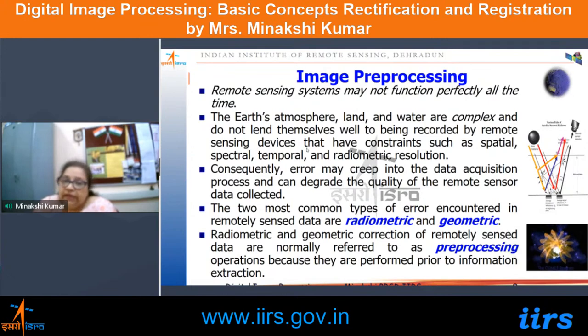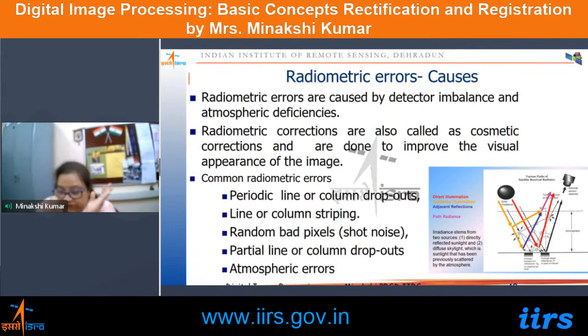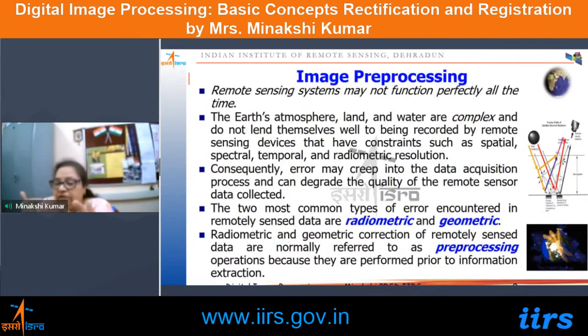Second, these satellites and sensors are capturing the Earth surface, and the Earth surface, land, water, are so complex that you are trying to record them with systems which have limitations. Limitations in the sense that they have certain spatial resolution, spectral resolution, radiometric resolution.